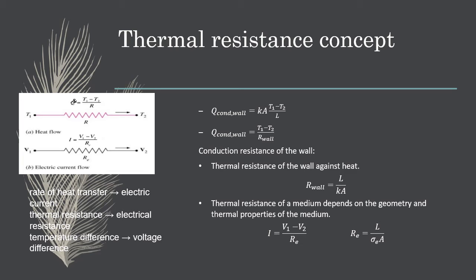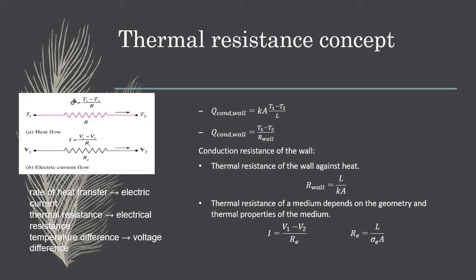Let's see. Q conduction wall is equal to, that we concluded, KA (T2 minus T1) by L. Q conduction wall is (T2 minus T1) by R wall, that is a resistance, where R wall is thermal resistance of the wall against heat, which is equal to L by KA.